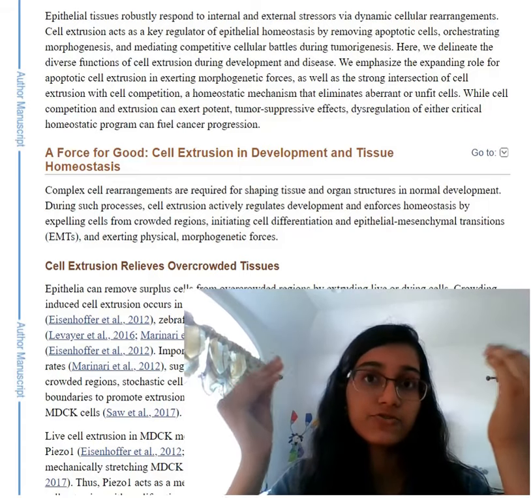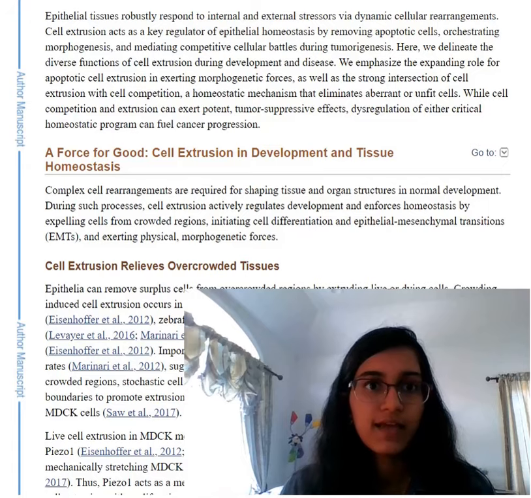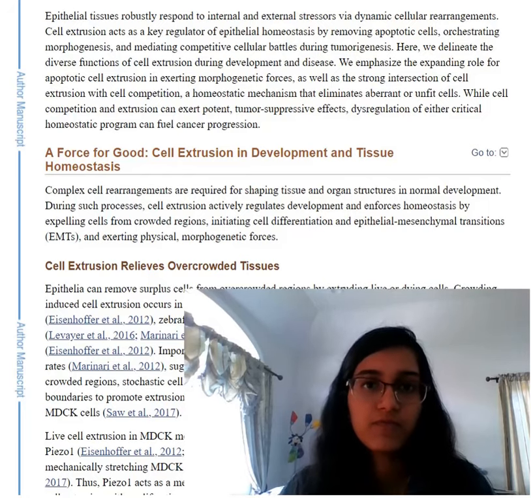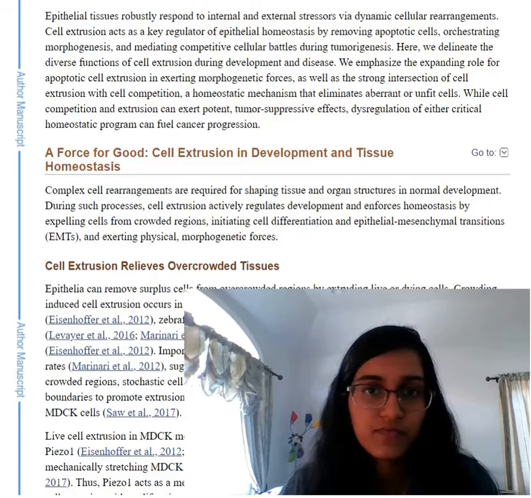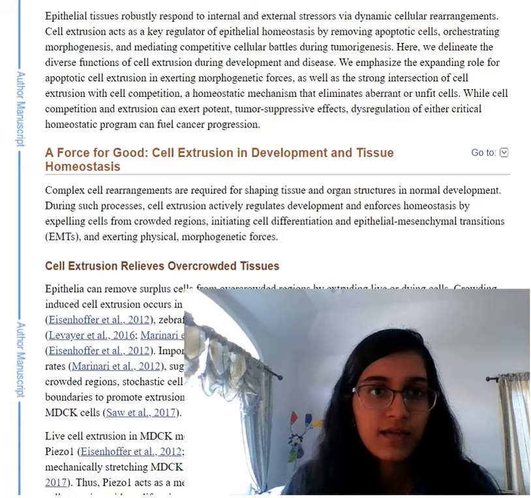So essentially, cell extrusion helps to create the cell shape. And it also mediates competitive cellular battles during tumorigenesis. And as we just said, genesis is to create. So it prevents the formation of tumors. Great. So it stops cancer, basically, or at least helps to prevent it.